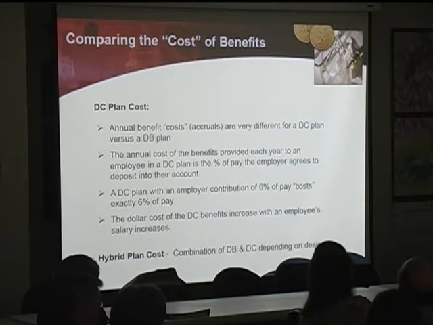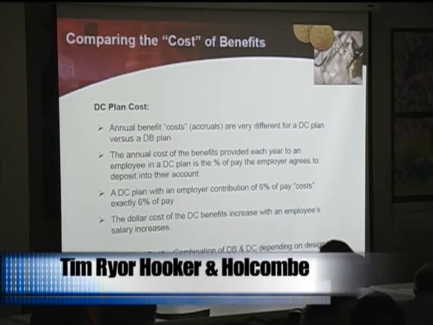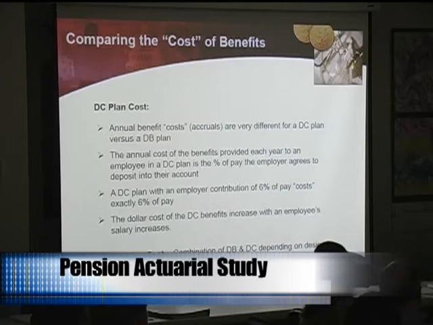Under the DC, and I think Bob explained this pretty well, the costs are the cost. It's usually a fixed percentage of pay, so a 5% of pay DC plan costs the employer 5% of pay, because they're putting that in an account, and the investment earnings are owned by the participant.